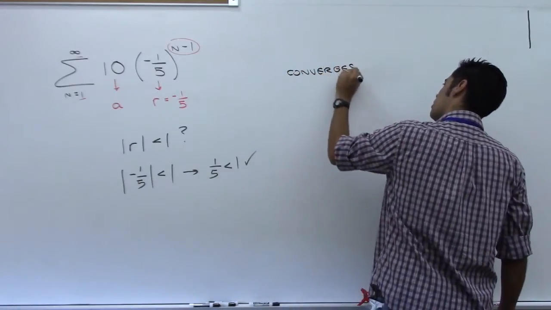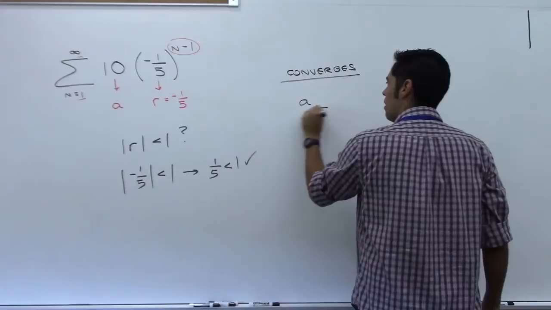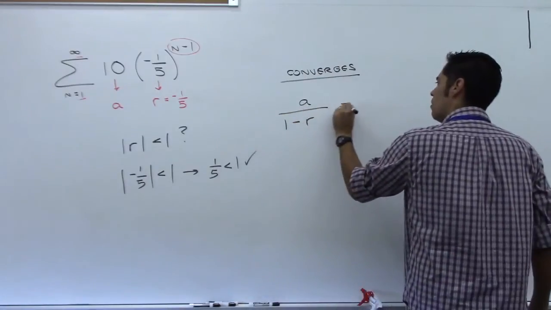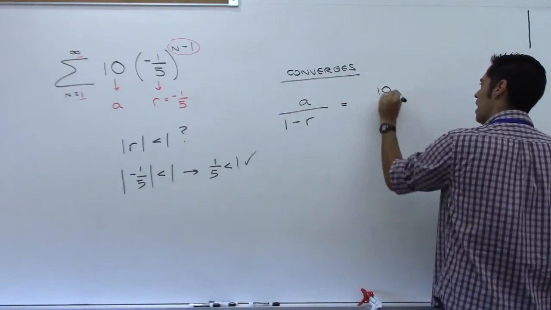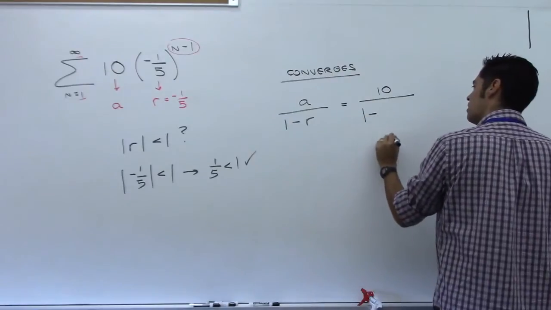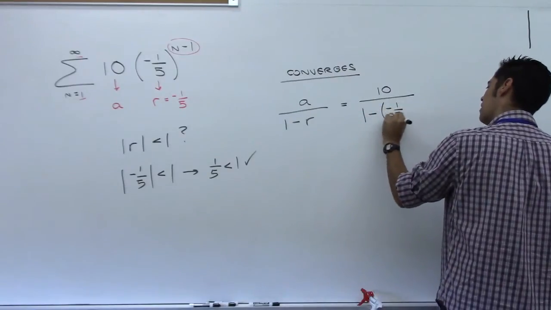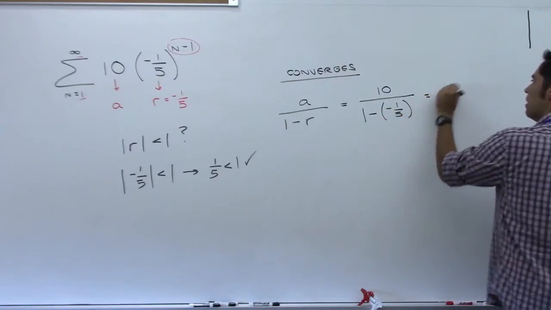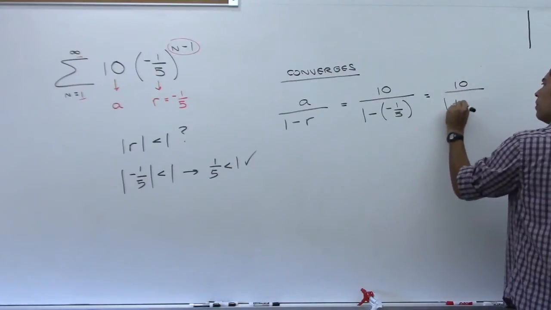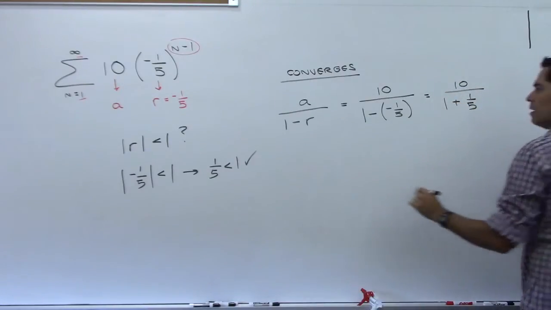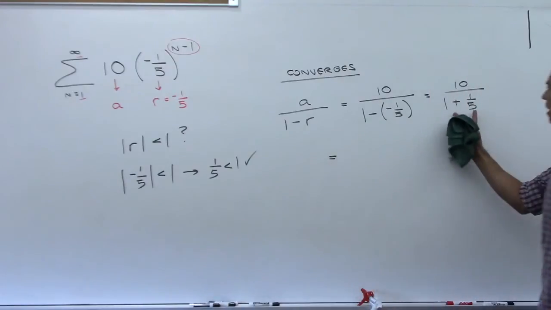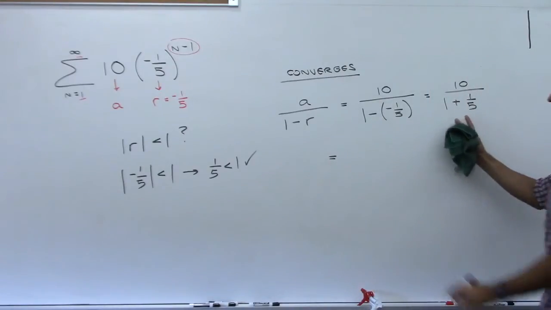And what does it converge to? It converges to a over 1 minus r, which is going to be for us 10, that's a, over 1 minus r, which is negative 1/5. So this is going to be 10 over 1 plus a fifth. Putting the denominator together into one fraction, this is going to be 6/5.